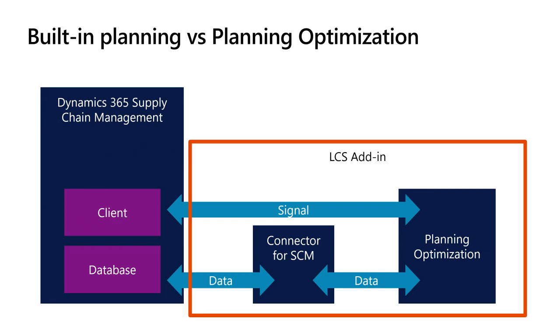One thing that is important to note is that because planning optimization is a service, it is part of our microservice framework, and it is only available on Tier 2 or higher environments, so not available for developer environments. The service is supported in most geographies, and we're expecting to be in all SCM geographies by the end of the year. You can see the full list of supported geos in our Get Started page in the documentation.